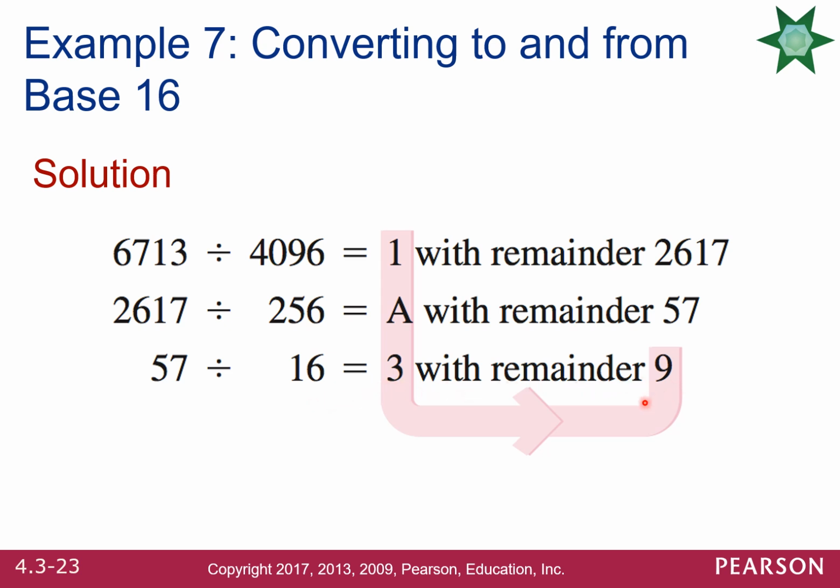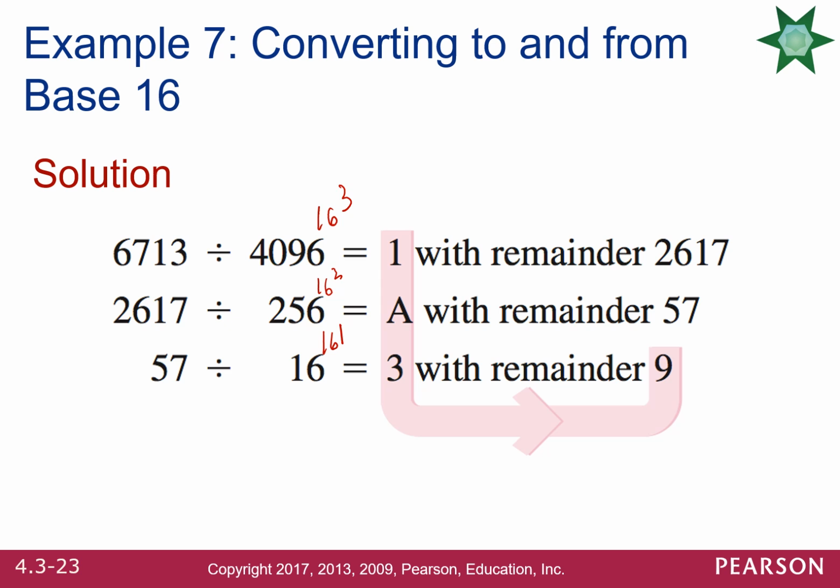All right, so the final answer is going to be 1, A, 3, and 9, the last remainder, or we can divide 9 by the next positional value. So this is how it was: 4096 was 16 cubed, 256 was 16 squared, 16 was 16 to the 1.